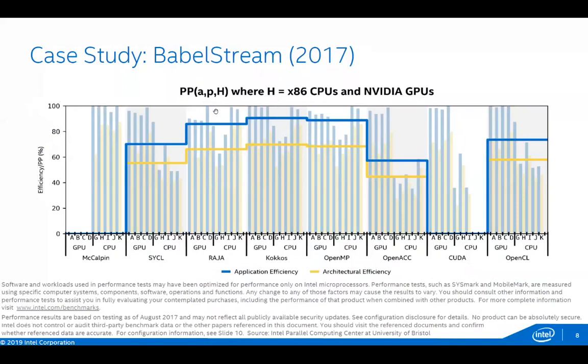But if you look at RAJA, Kokkos, OpenMP, and OpenCL, the performance portability increased by about 10% in all four cases, I think. And this is because Bristol focused their development efforts on improving the CPU performance, doing things like making sure that the code vectorized and making sure they were using non-temporal stores where appropriate.